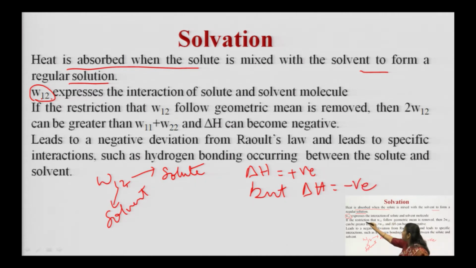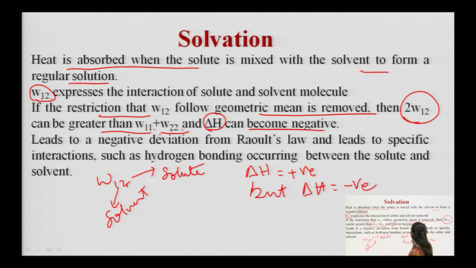So, if the restriction of geometric mean is removed, then 2W12 will be greater than W11 and W22. Here W11 means the force of attraction between the solvent molecules and W22 the force of attraction between the solute molecules, and your del H can become negative.